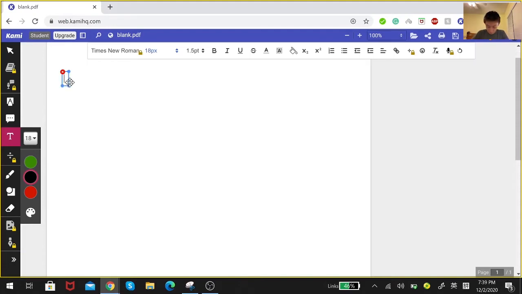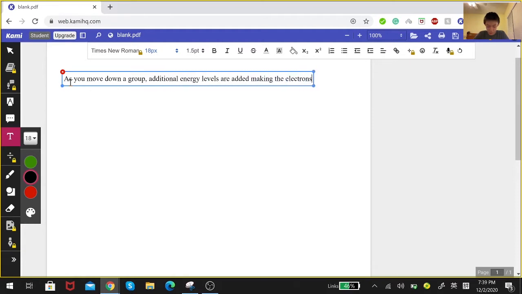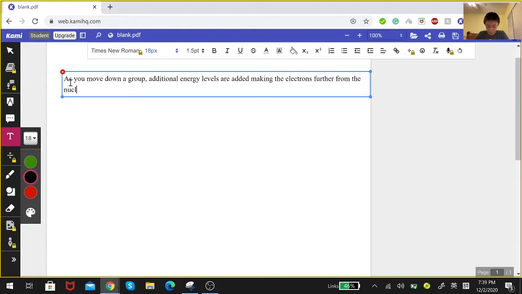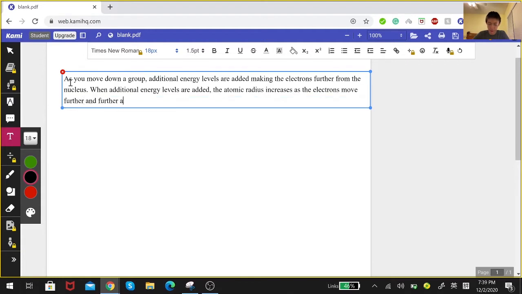So first, as you move down a group, additional energy levels are added, making the electrons further from the nucleus. When additional energy levels are added, the atomic radius increases as the electrons move farther and farther away.